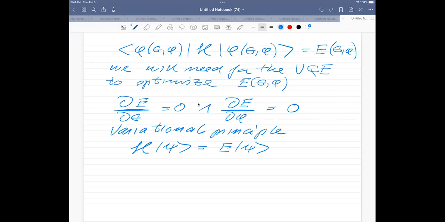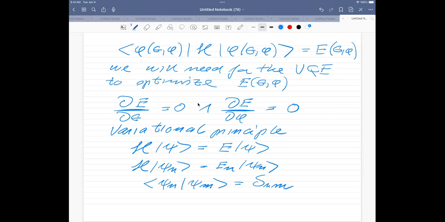We also know that this Hamiltonian may have a spectrum of values. So what we could have then is H acting on a set of these functions, and that gives a set of eigenvalues, psi of n. So this is an orthonormal basis. So we would have psi of n multiplied with psi of m given by the Kronecker delta, like this.